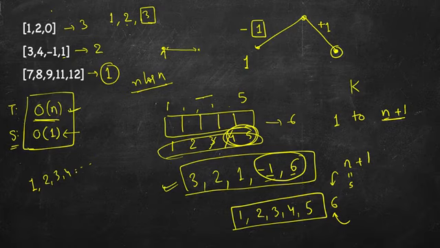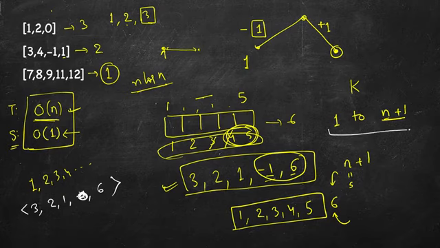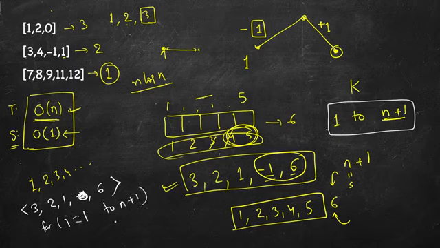So if we are allowed to use space, what we would do, we would start traversing this list and put them in a set. So 3 is in a hash set, so that we can query for it in constant time. Put 2 in the set, 1 in the set, -1. If it's negative or 0, let's skip it. And we put 6 in the set. Now we know that any missing number will be from only 1 to n plus 1, and you know the reason why. So we can start a loop for i equal to 1 to n plus 1.